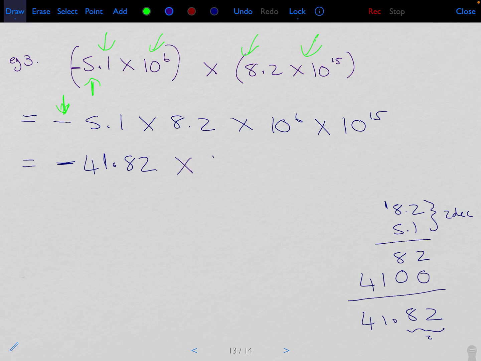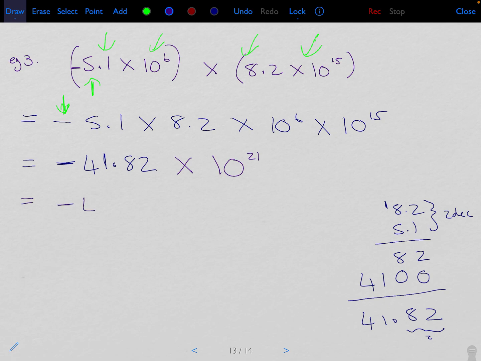And now we're going to work with our tens. Times 10 to the power 6 plus 15 is 21. So you've got a million and you're timesing it by something even bigger than a million. You're going to get some monstrously big number. It should make sense. Now, is that in standard form? The answer is definitely not, and you have to make it back into standard form.